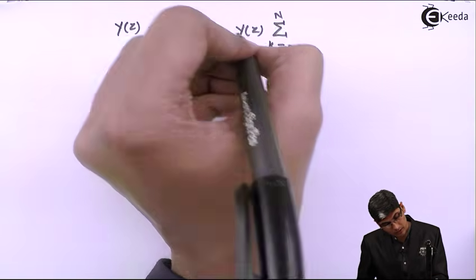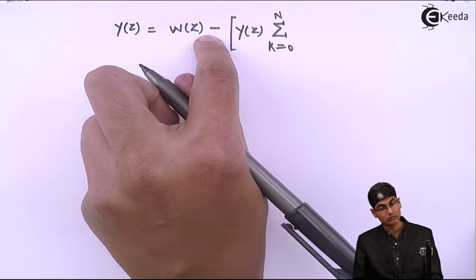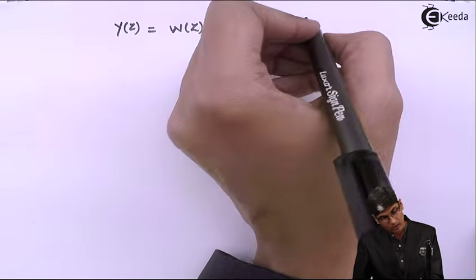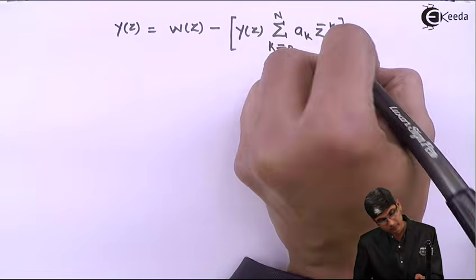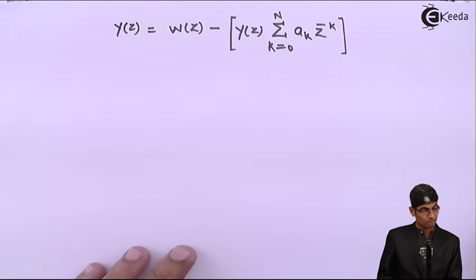Now I'll put it in a bracket because we have a minus sign outside, ak z raised to minus k. Right?